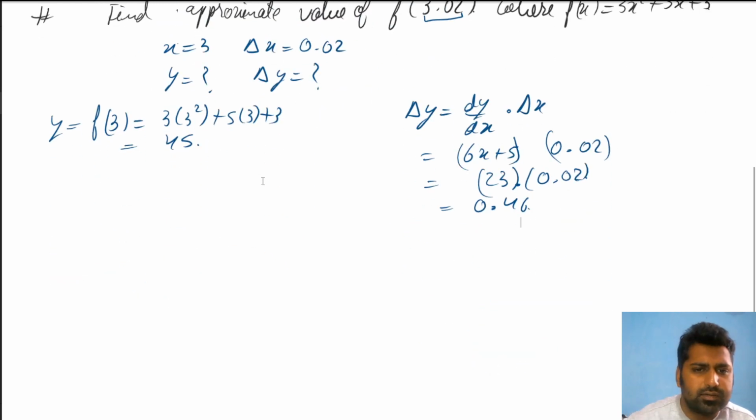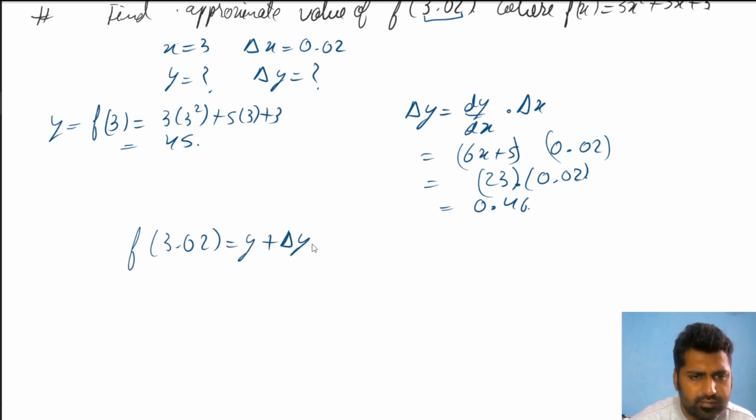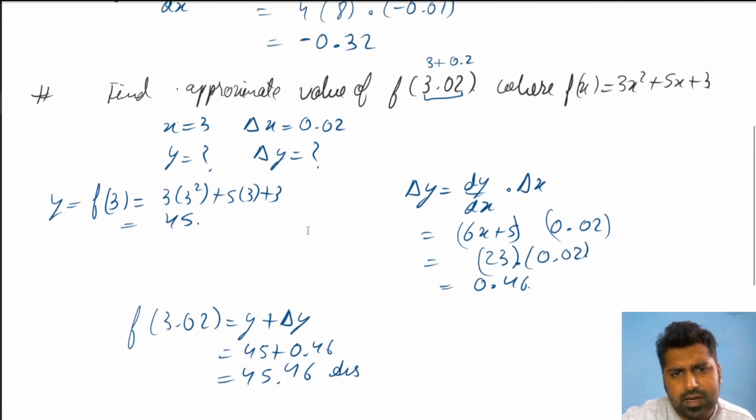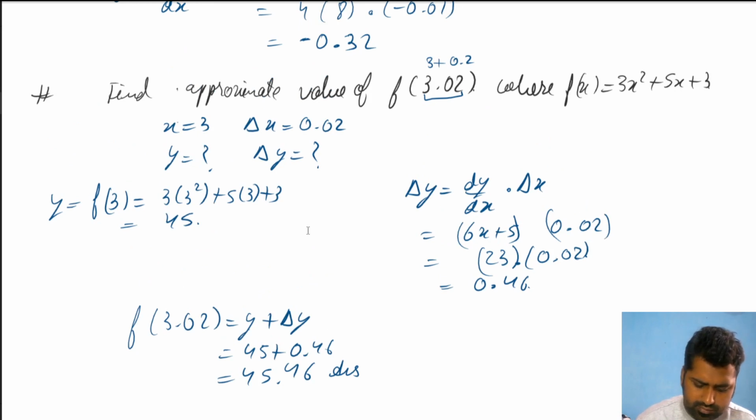So your final answer will be f of 3.02 is y plus delta y. That's 45 plus 0.46, 45.46. Again, this is just an approximated value. This is the application. We can calculate these kinds of values.